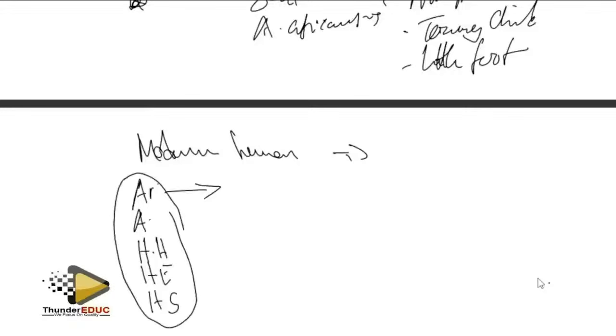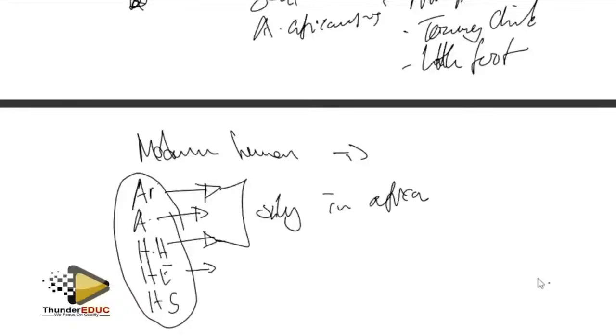Tell us that Ardipithecus, Australopithecus and Homo habilis were only found in Africa. Then when you reach here, you say the oldest fossil of Homo erectus and Homo sapiens were found, or discovered, in Africa.